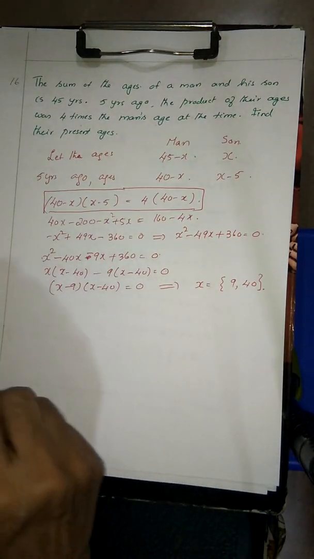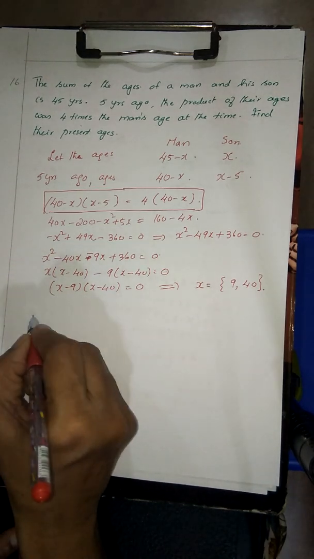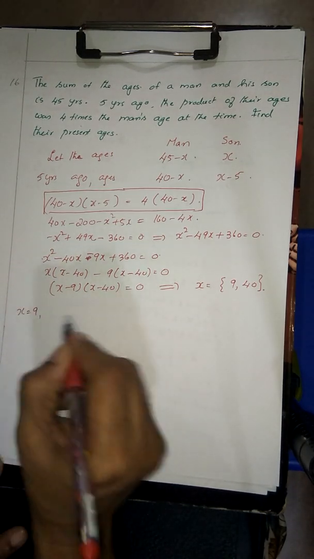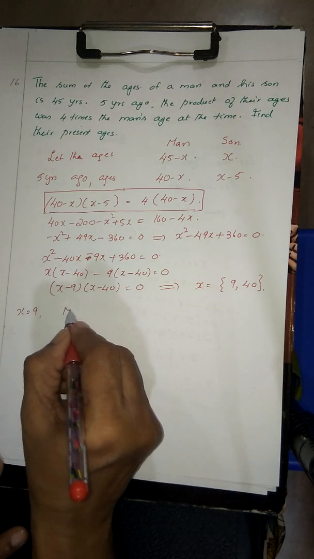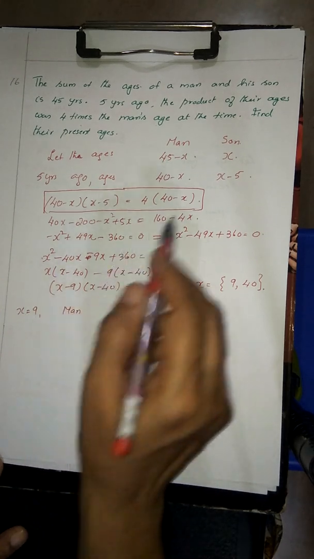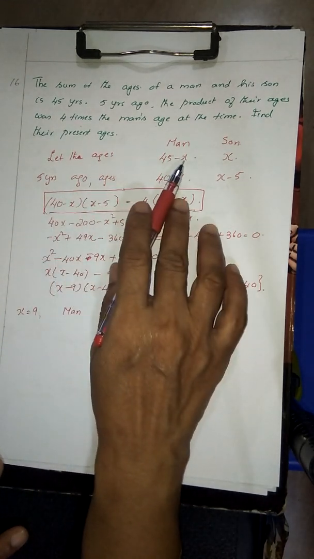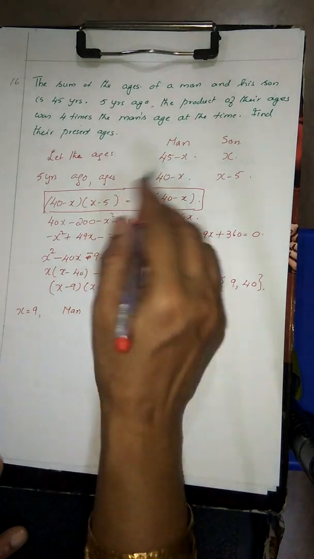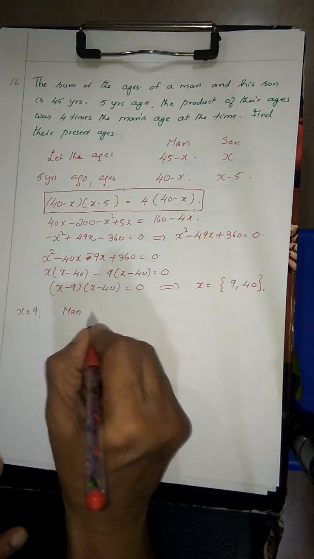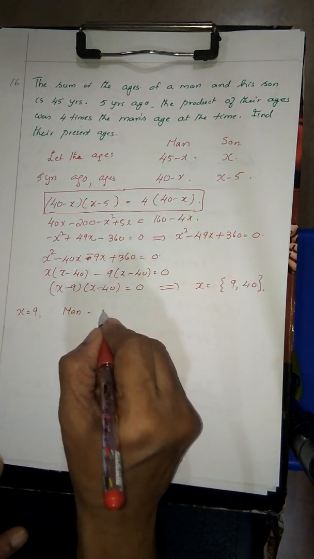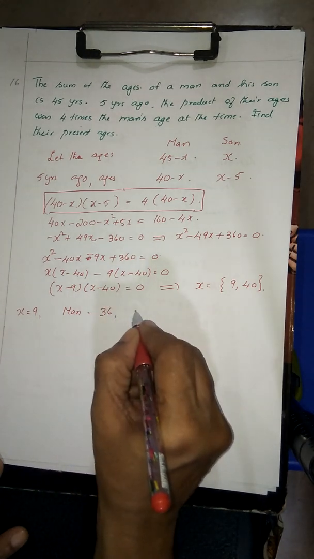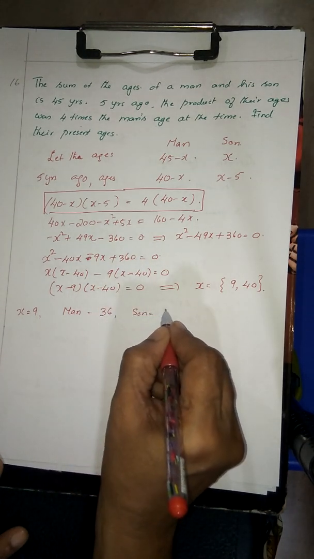Now we have to find their ages. So when x is equal to 9, man will be 45 minus 9, that is equal to 36, and son will be 9.